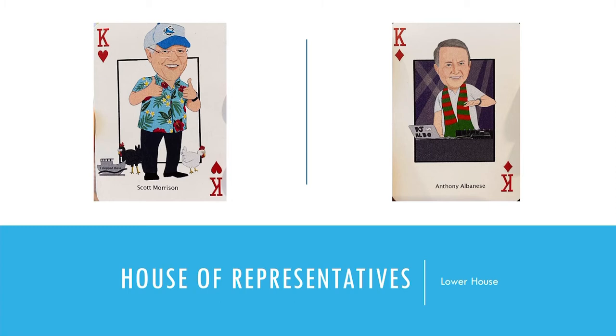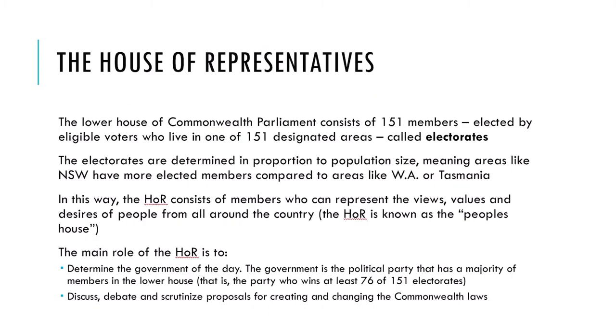And we see these 2 characters here, Scott Morrison and also Anthony Albanese, 2 leaders of the respective main political parties in Australia, Scott Morrison being leader of the Liberal Party and of course the current Prime Minister. Anthony Albanese is the current head of the Labor Party, the Federal Labor Party.